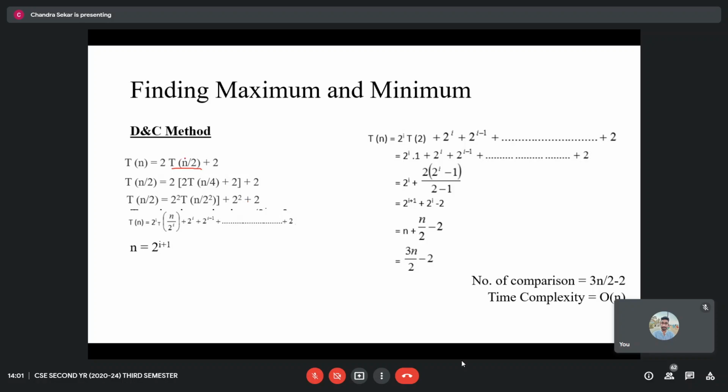We have just substituted n equal to n by 2. So we got 2 square t of n by 2 square plus this 2 into 2, which I have written as 2 square, plus this 2, which I have written as 2.